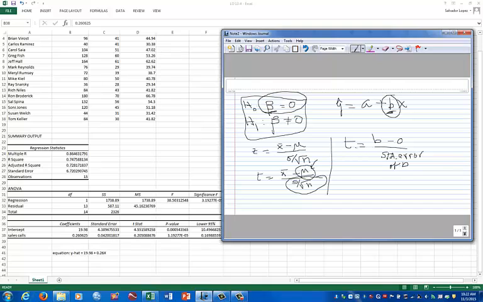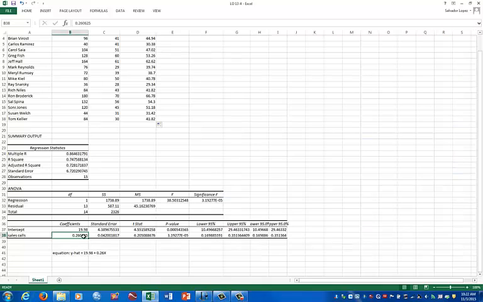I get the test statistic. So 0.26 divided by 0.042, I get the test statistic that is 6.2. This is what I'm going to use against the critical value for testing the null hypothesis.